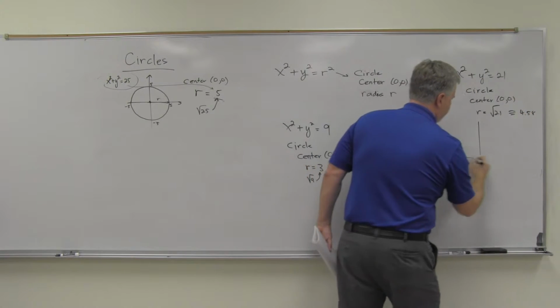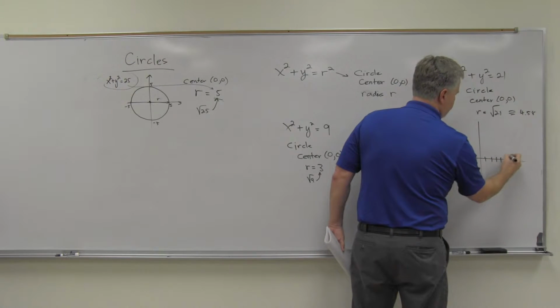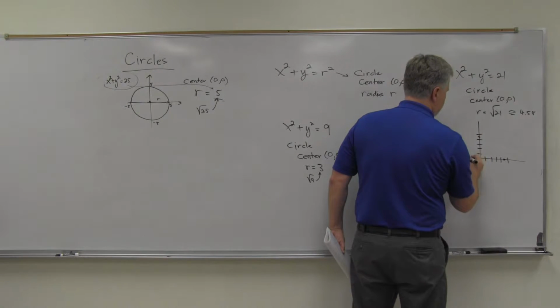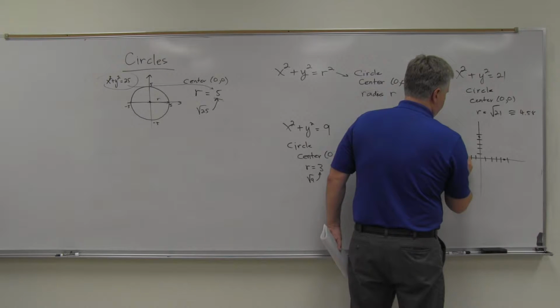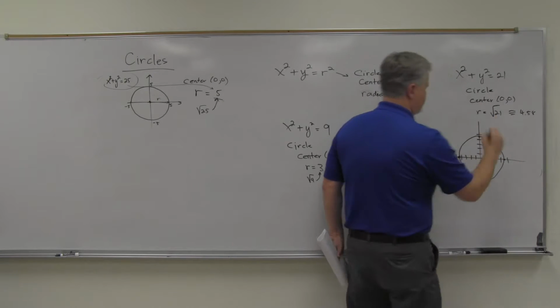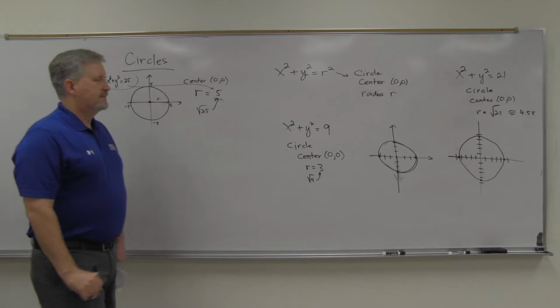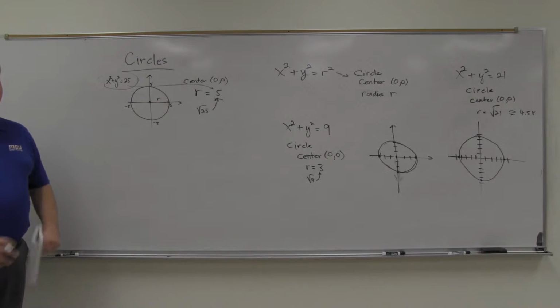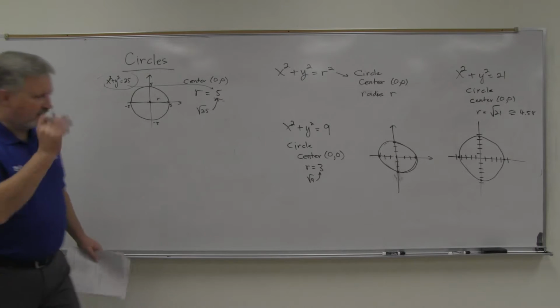And so on the graph here, 1, 2, 3, 4, 5, so 4.58. And 1, 2, 3, 4, 5, so negative 4.58. Connect them up in a circular manner. If your grid is squared off, it looks more like a circle than that one does, but you get the idea. Okay? All right.